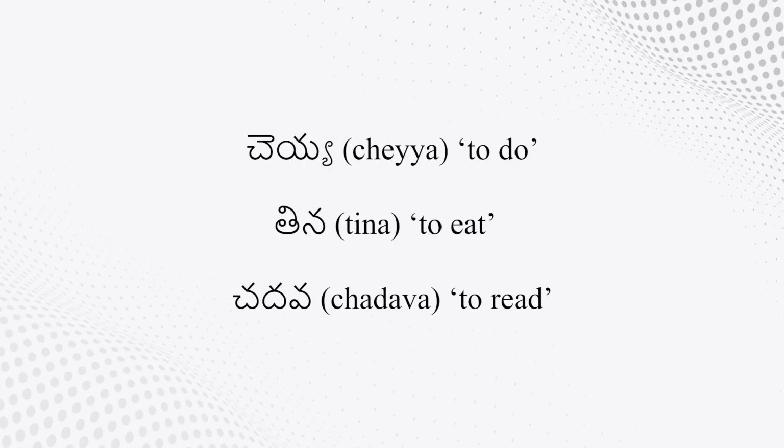The infinitive is the core meaning of the verb, such as chaya, to do, tina, to eat, chadava, to read. This part expresses the action. The second element, lay, is the key marker of inability and gives the meaning not able to.